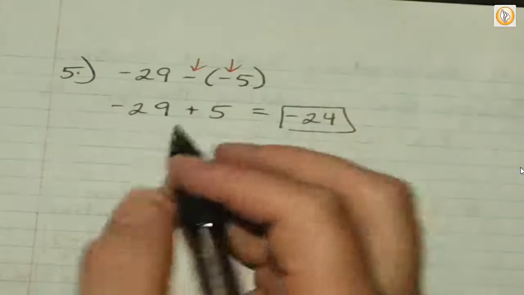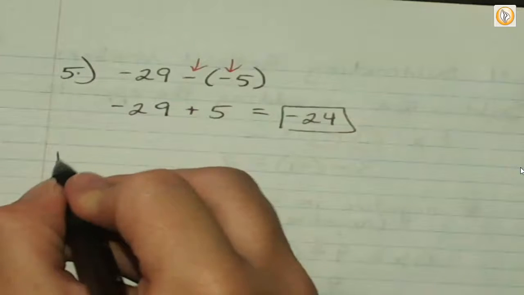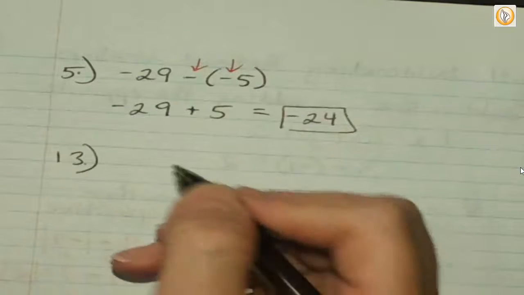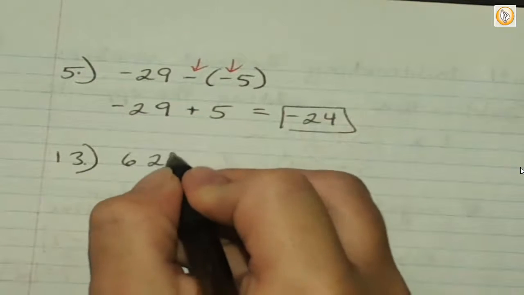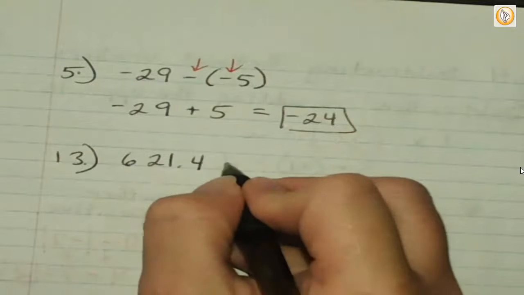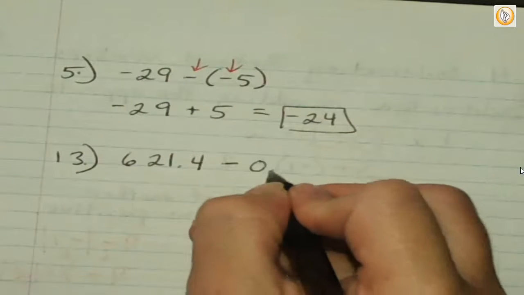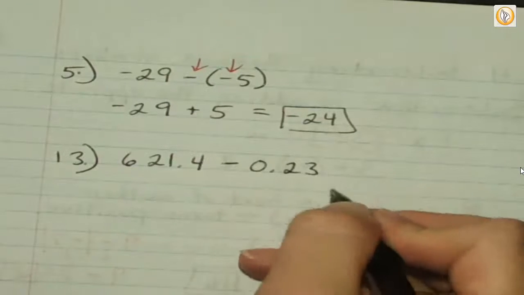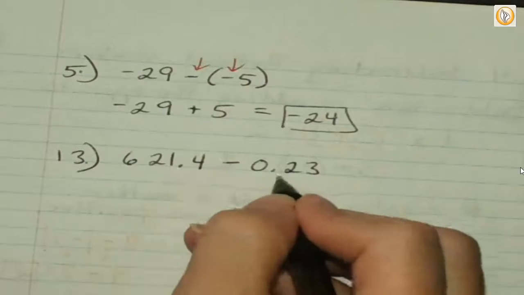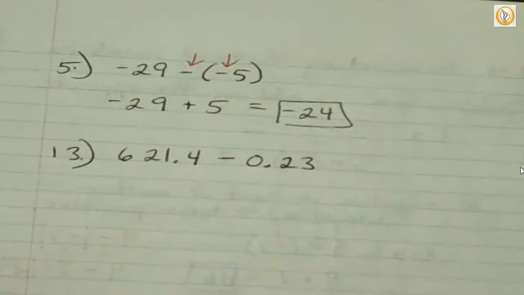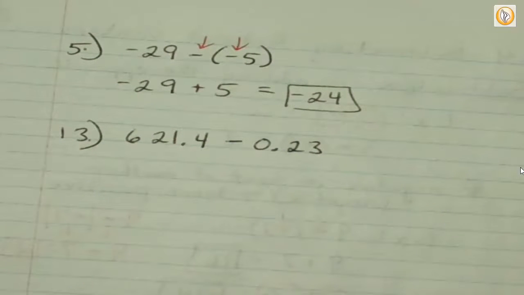Let's move on to something a little more challenging, just in time for Whit. 621.4 minus 0.23. So Whit, the first thing I want to ask, are they the same sign or different?